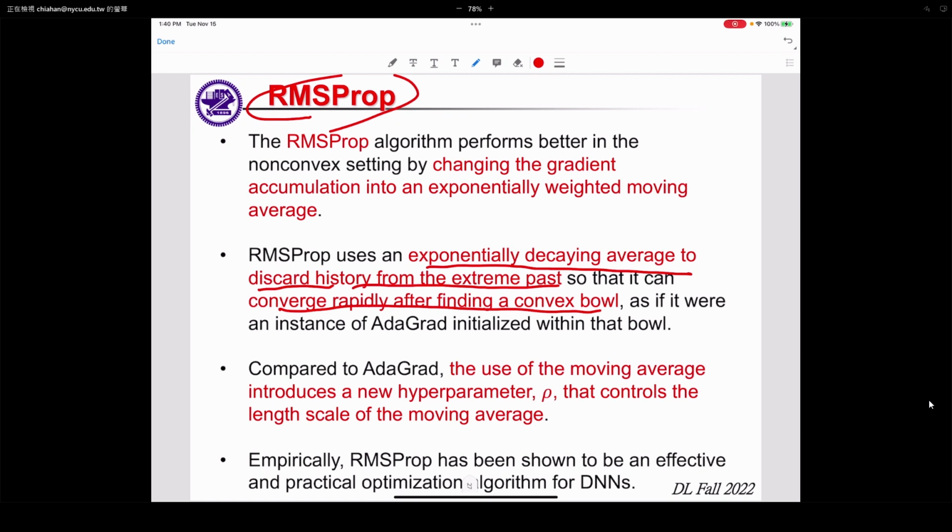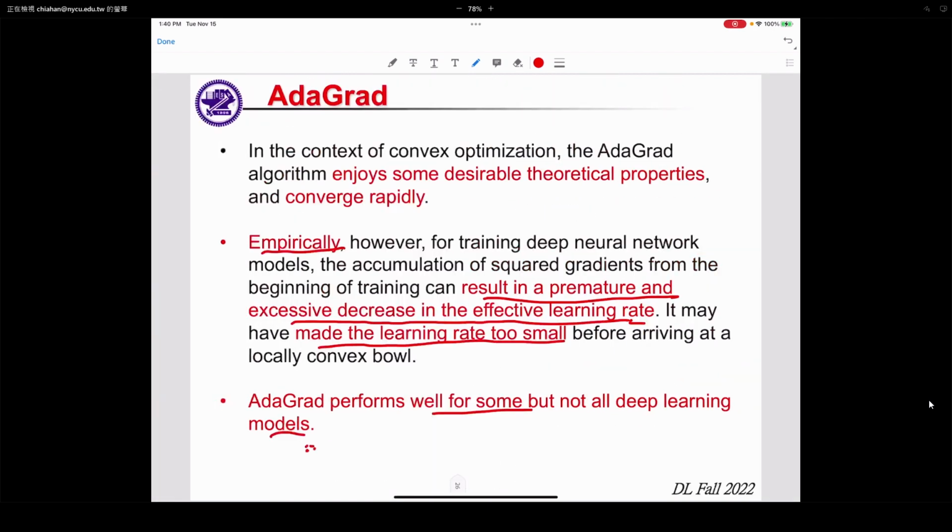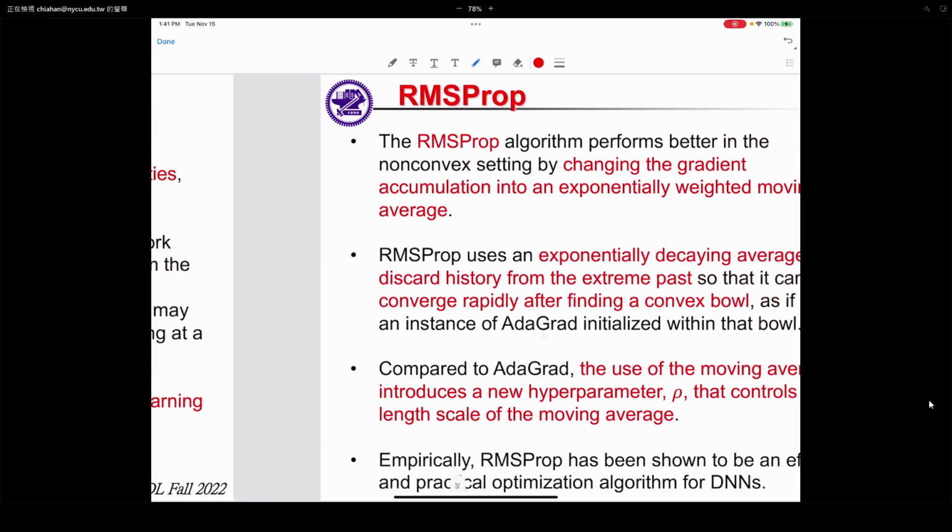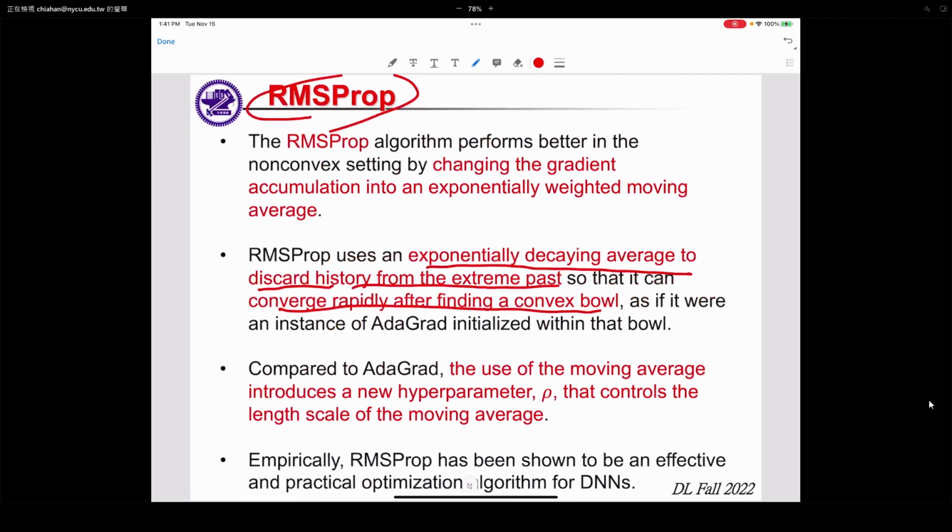So this is different from AdaGrad. AdaGrad results in a premature and excessive decrease in the learning rate. That's why we make some revision here. So we change the gradient accumulation into an exponentially weighted moving average.